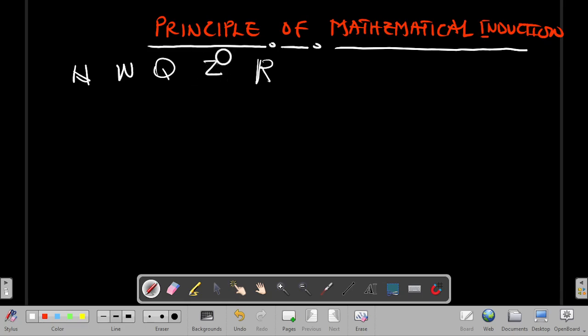Now, the principle of mathematical induction is a nice principle for proving a mathematical statement, or you can say an equation.